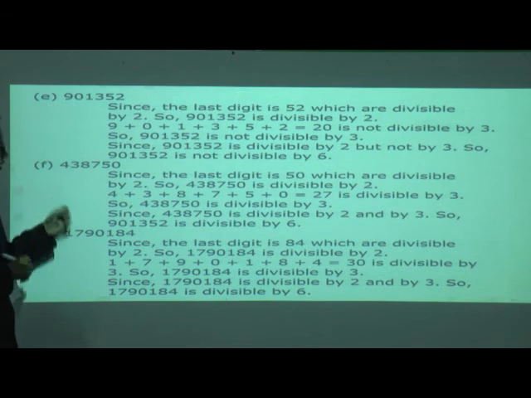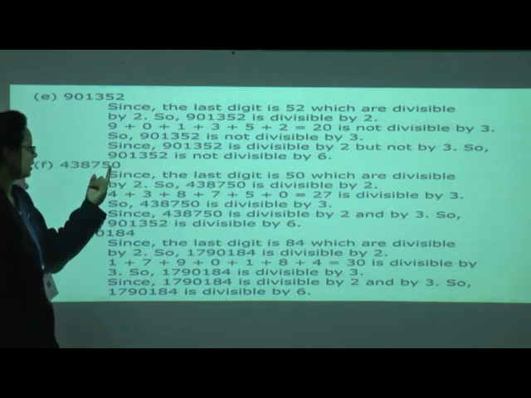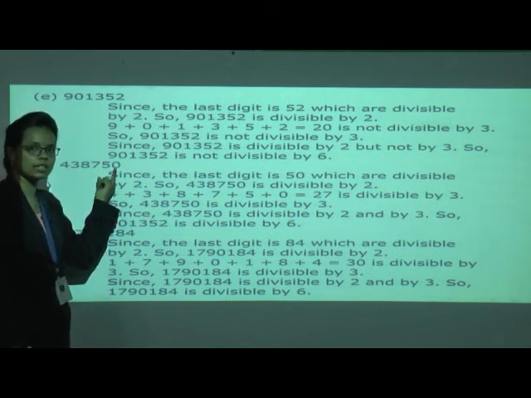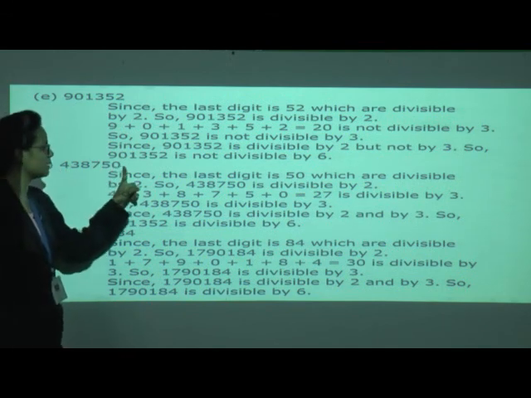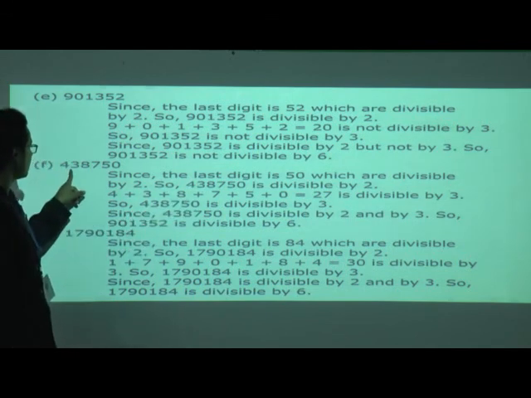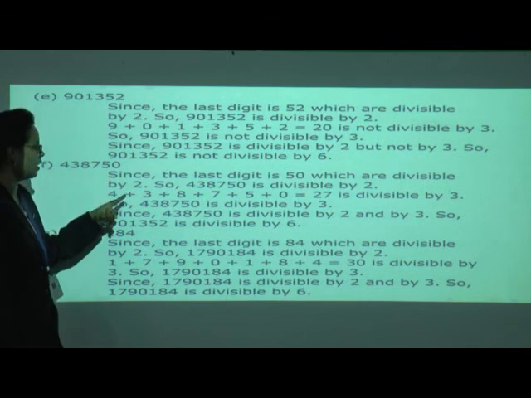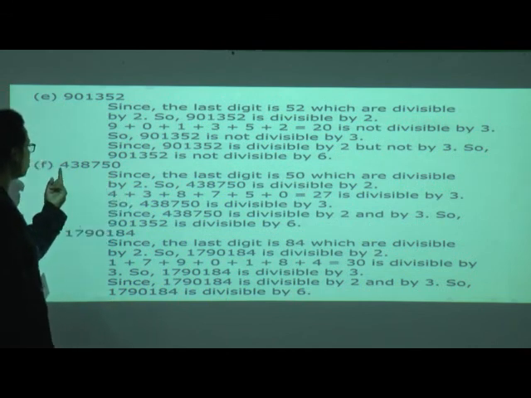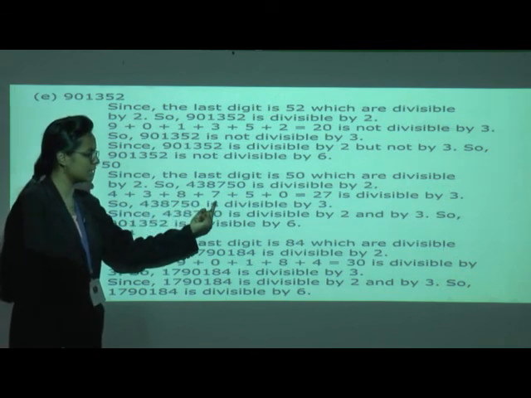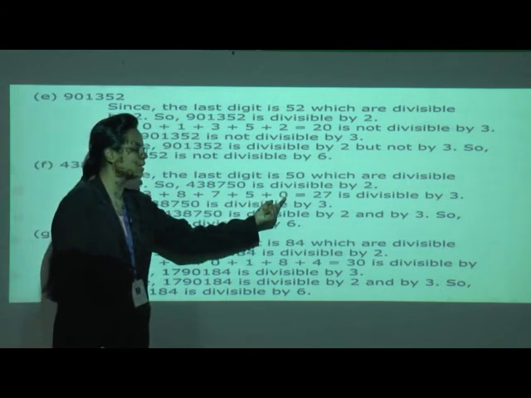Let us see the next one. The last digit is 0, and if it has 0 in its ones place, the number is divisible by 2. Now to find divisibility by 3, we have to add: 4 plus 3 plus 8 plus 7 plus 5 plus 0.